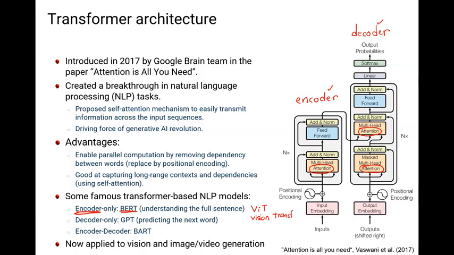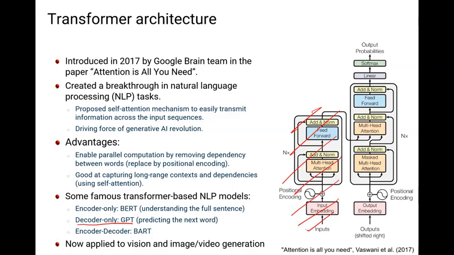It is an encoder-only transformer, so only the left-hand side. On the other hand, some, let's say GPT, only contain the decoder side, so there's no encoder.